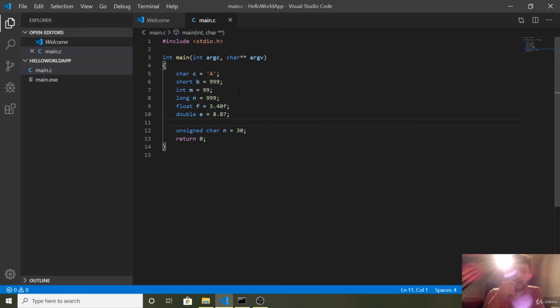So for example, if I know that my number won't be above 255 and will always be above -1, in other words it won't be negative, then it makes sense to use an unsigned char. Because if I use a char, it becomes signed, which means that I can have negative, I think it's negative 127, and then plus 127, right?